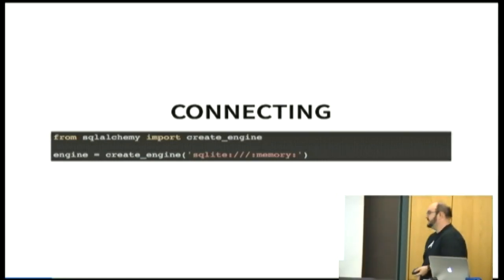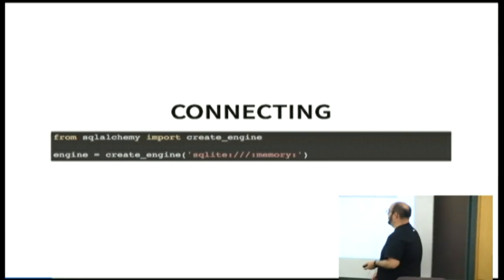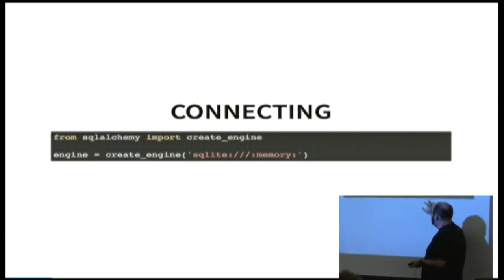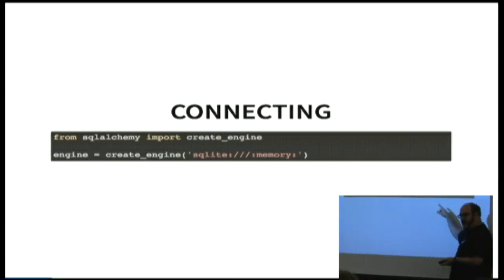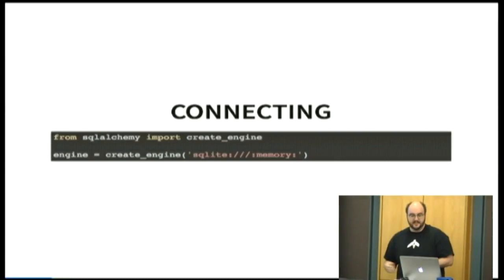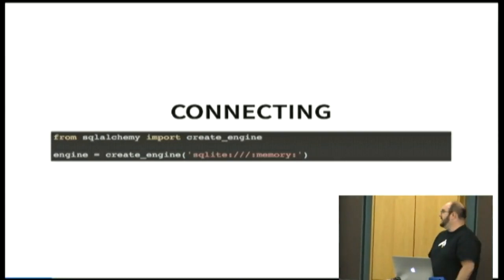So if this were going to talk to Postgres, I would write, or Postgre, depending on how trendy you are, I'd write Postgres here and then give it the user:password at host kind of syntax in that same region. Does that make sense? So it's essentially a connection string that defines what database API we're going to use to talk to the database.